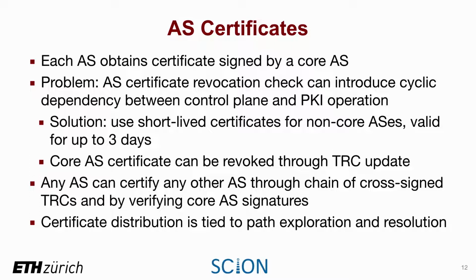Similarly, in path resolution, the path servers that obtain either up paths or down paths fetch all the certificates that are needed to verify these up and down path segments. As a consequence, through path resolution, all the AS certificates are being disseminated throughout the network.